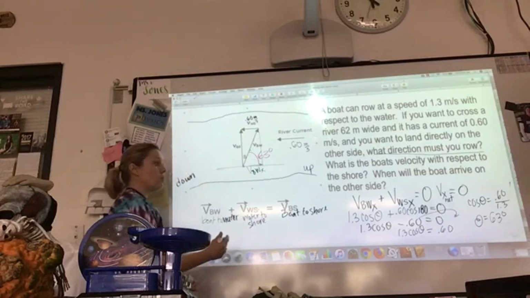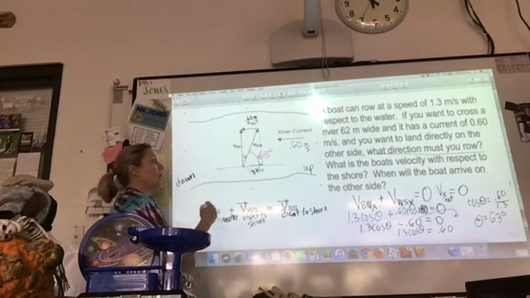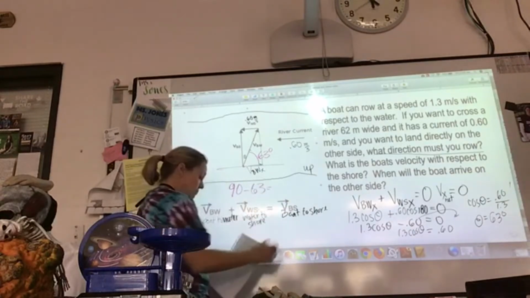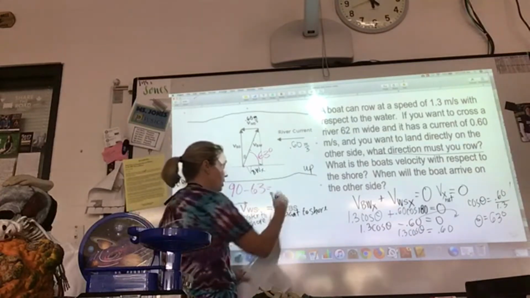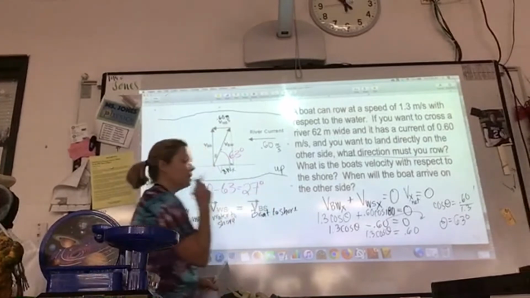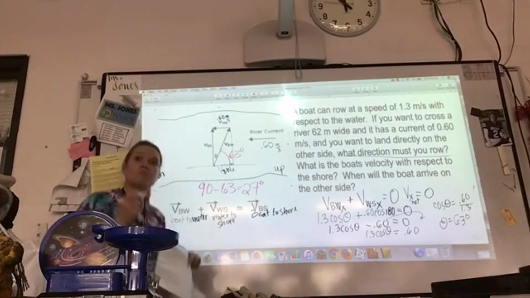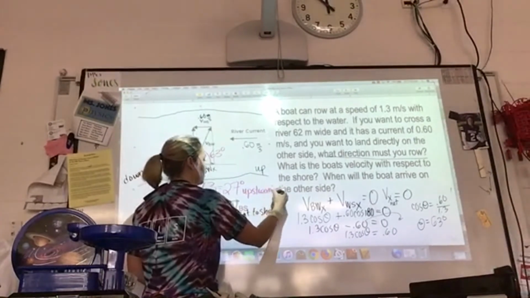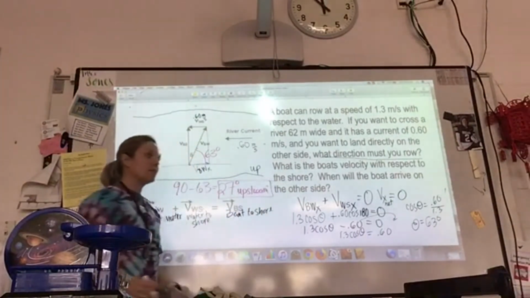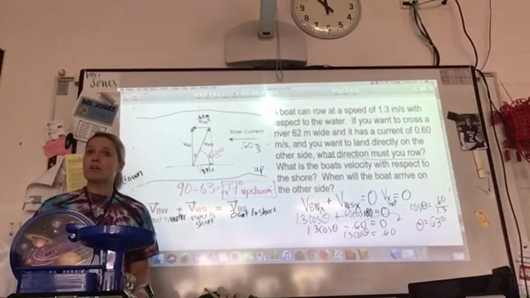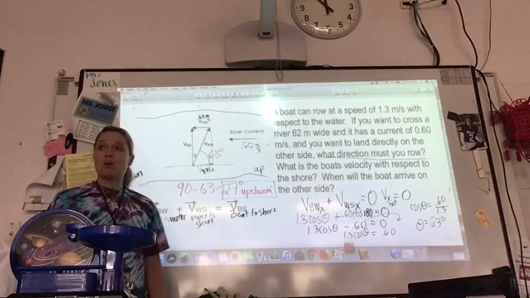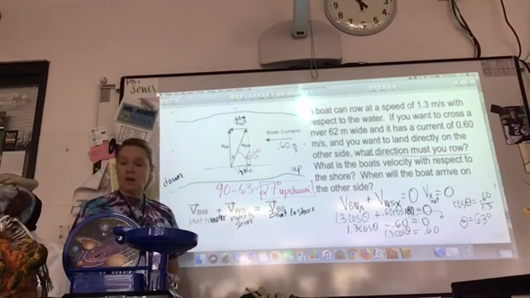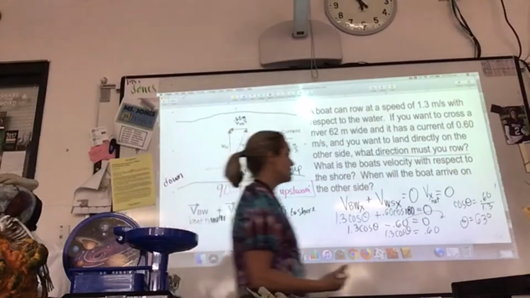So if I want to do this properly, I need to do 90 minus 63, and so we get 27 degrees upstream. You could use different expletives for that, but that is what the textbook, online physics, the world speaks: upstream and downstream. That's the first one.